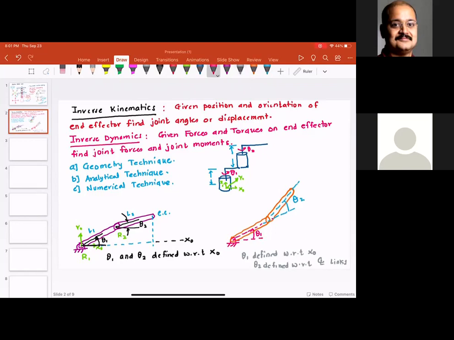But please understand, when we draw the kinematic diagram, our implicit assumption is theta 2 is defined with respect to theta 1. So in other words, the total orientation of link 2, and this is very, very important, is basically theta 1 plus theta 2. Are you with me so far?